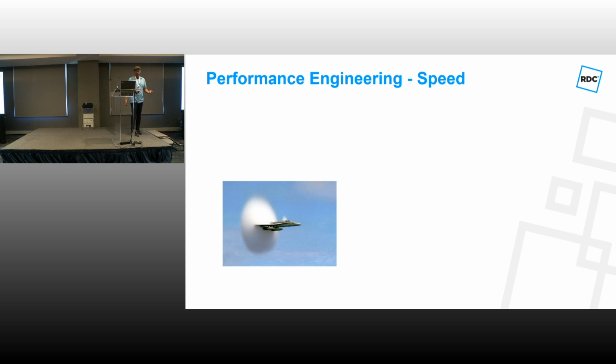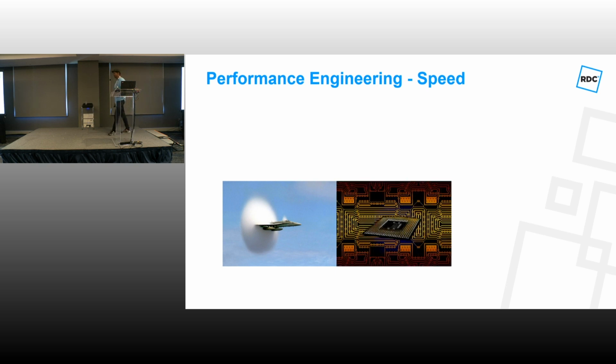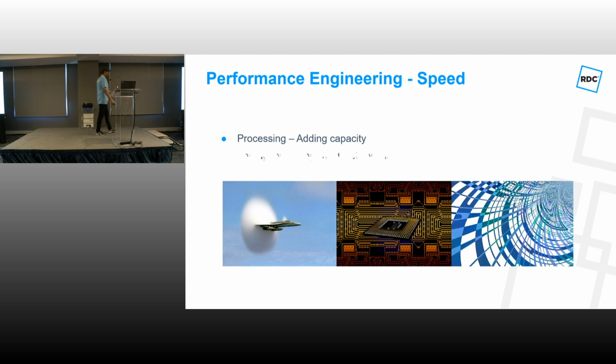And what does this involve? Basically, two main things. One is compute, and one is networking. So our engineers are constantly adding more processing, more servers in our data center to keep up with the increase in usage and to make sure that your requests are being processed faster.